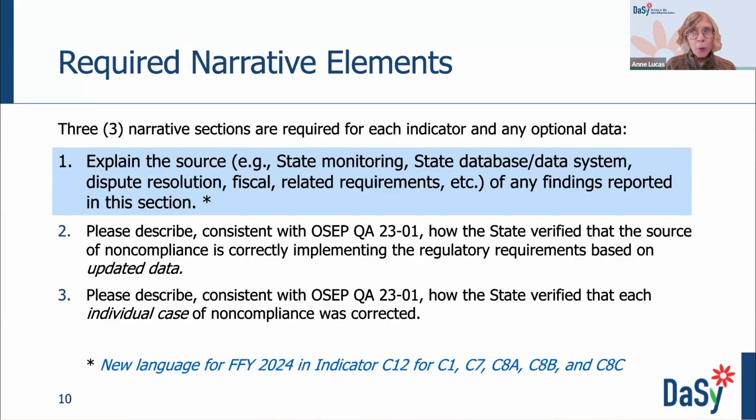And I do want to point out that we have pulled this information from the new FFY 2024 APR template. And the number 1 item that you see in blue on the screen is new for C1, C7, C8A, C8B, C8C in Indicator C12.